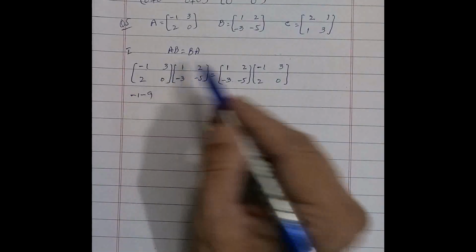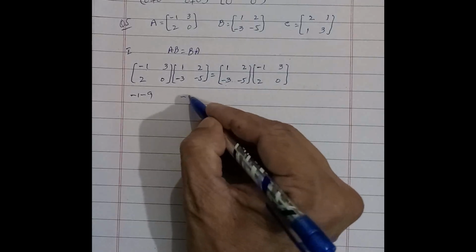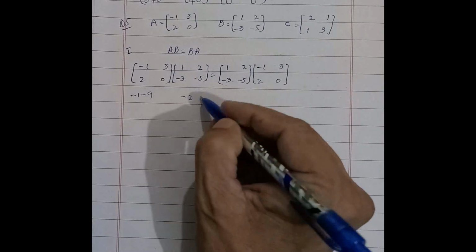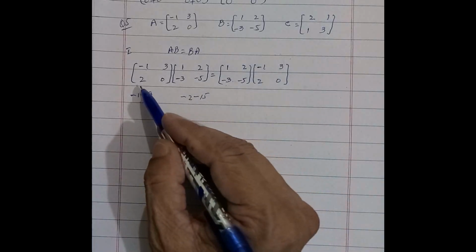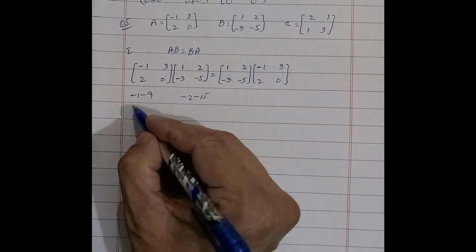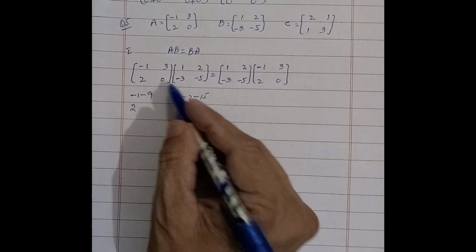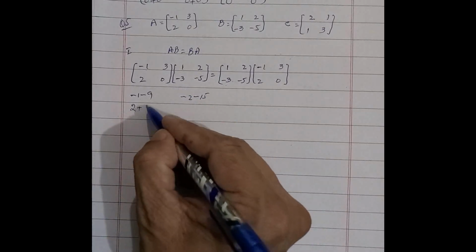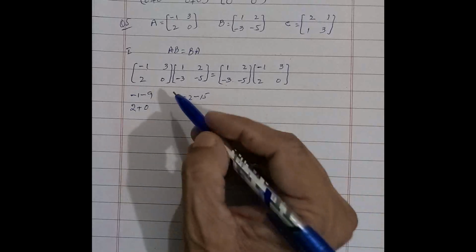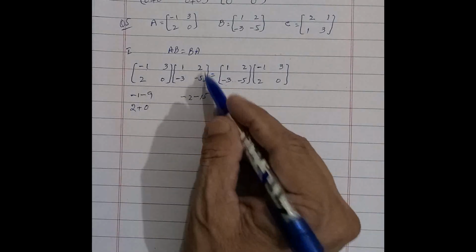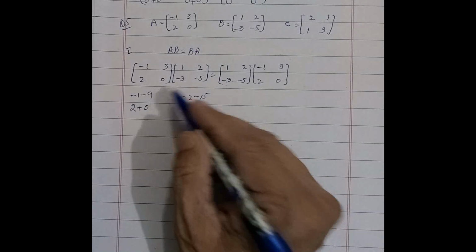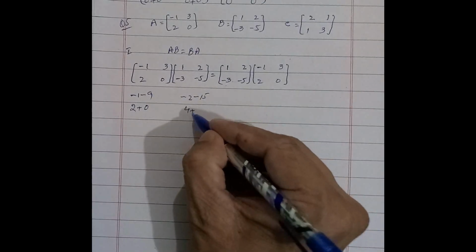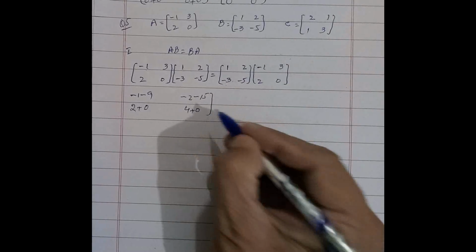The second is -1 into 2 is equal to -2. -5 multiplied by 3 is equal to -15. And the second row is 2 multiplied by 1 is equal to 2, and 0 multiplied by -3 is equal to +0. And the second row and second column is 2 multiplied by 2 is equal to 4. 0 multiplied by -5 is equal to +0.